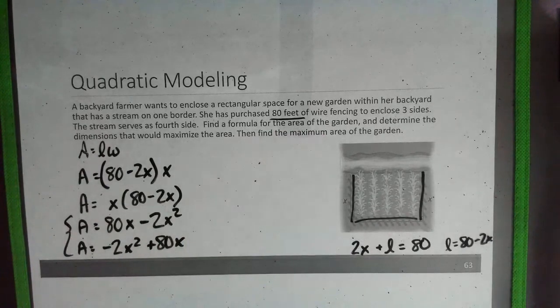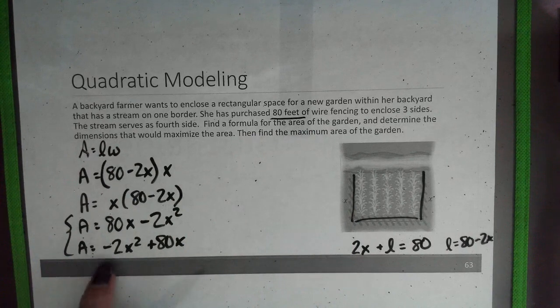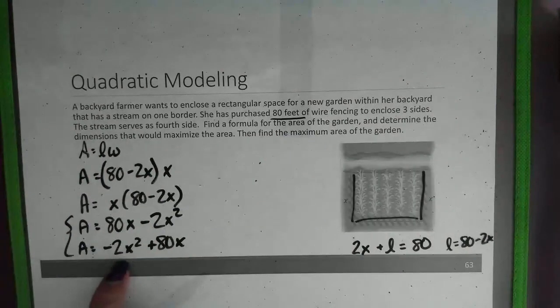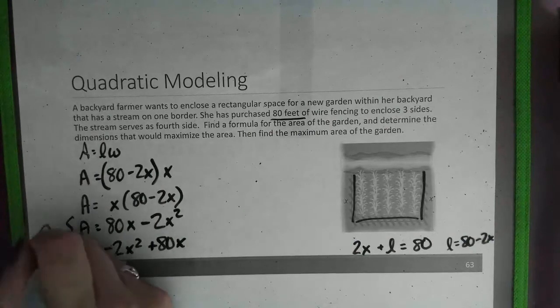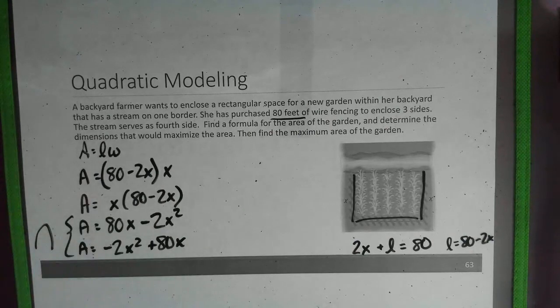We've done that much. Next, we want to find the dimensions that would maximize the area. So I want to make this area as big as possible. Well, wait a minute. If I were to graph this, I'm not going to do it specifically, but I'm going to think about it at least. My a value, lowercase a value, the coefficient on x squared, is negative. That means this is a parabola that opens downward.